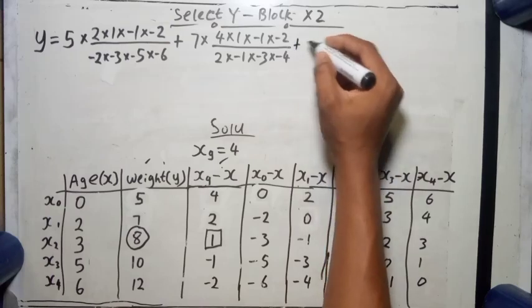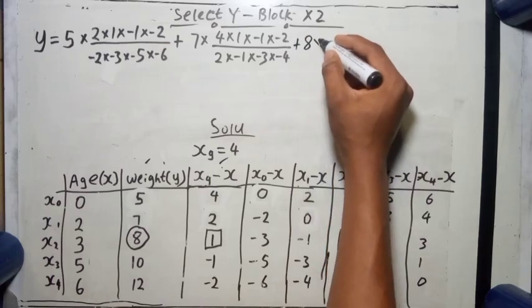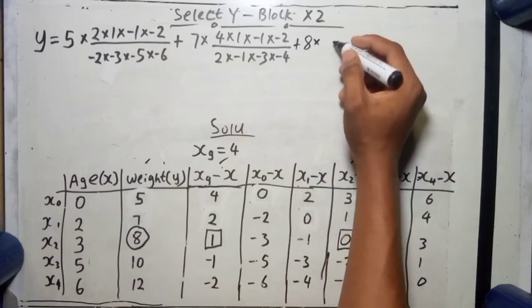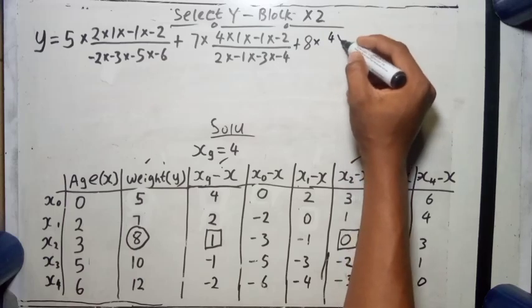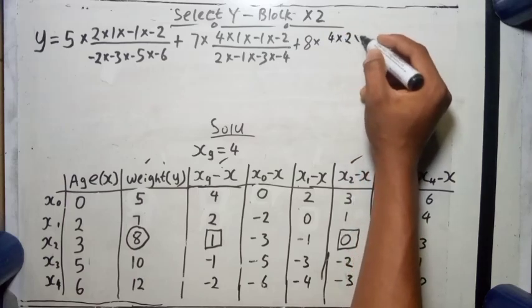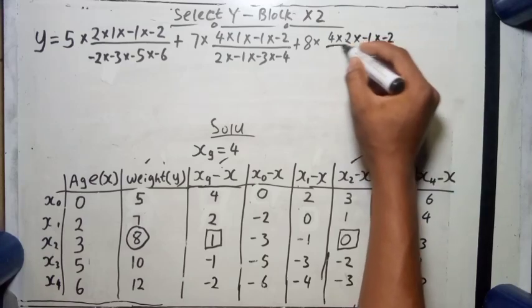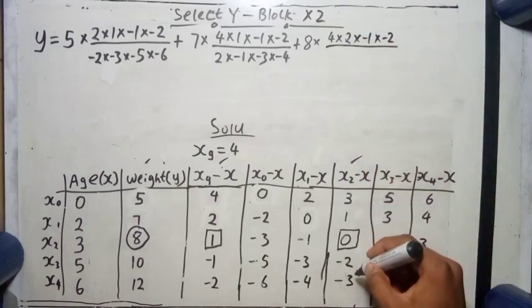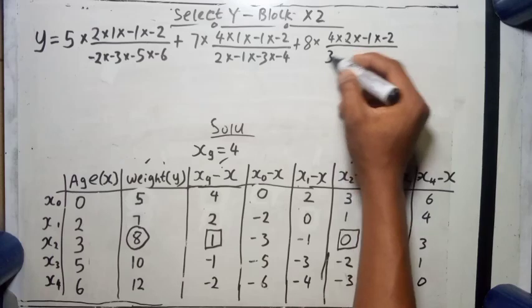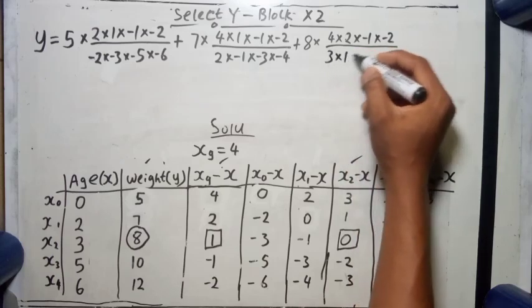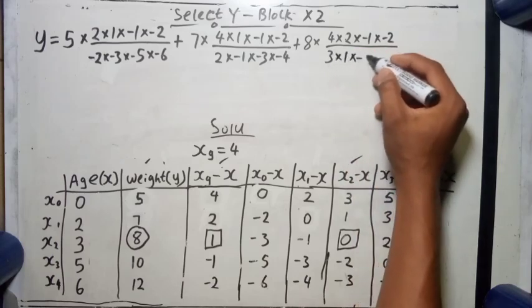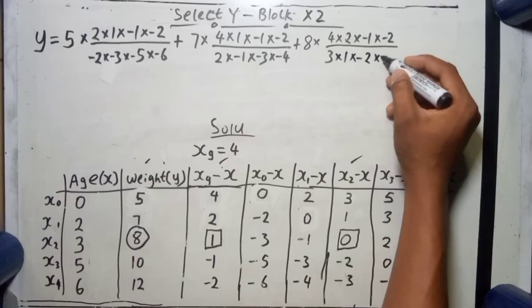So plus 8 times 4 times 2 times minus 1 times minus 2 over this 3 times 1 times minus 2 times minus 3.